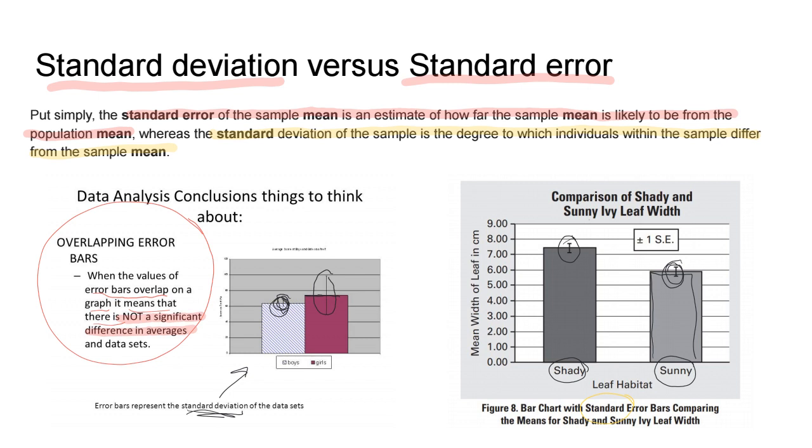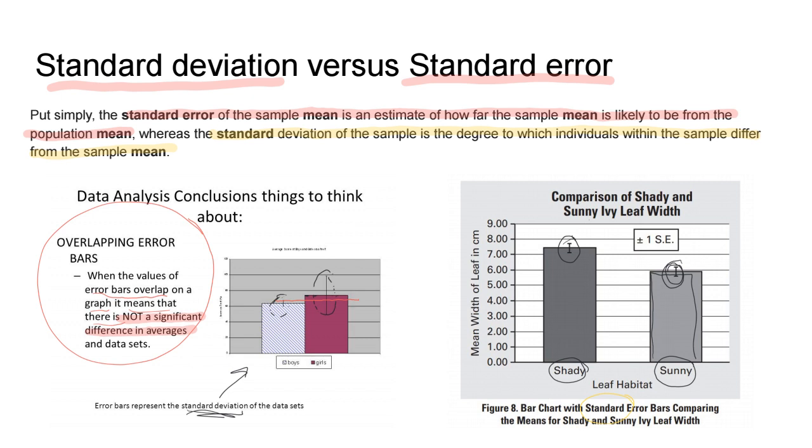So here, do you see how the bars are overlapping? I'm going to delete these circles I drew. Okay, close enough. If I drew a line from the top of this standard deviation bar straight across, see how it overlaps with the girls?